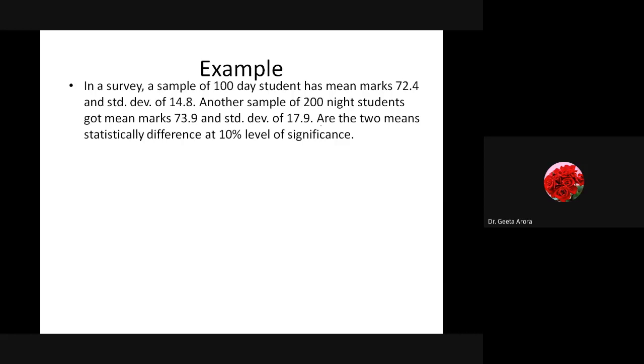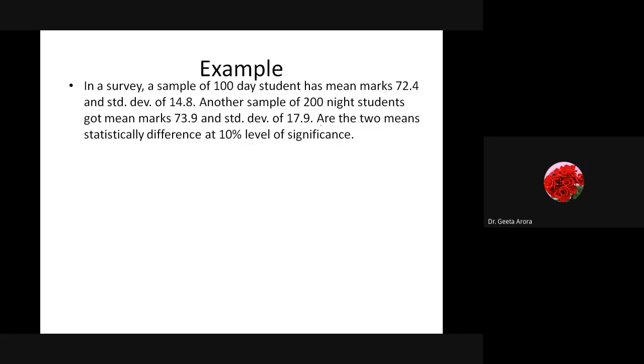So we have the statistics given regarding the mean, standard deviation and the number of students surveyed. From this, what do we want to find out? We want to find out whether the two means are statistically different at 10% level of significance. That is, is there any difference between the mean marks obtained by the day and the night students?